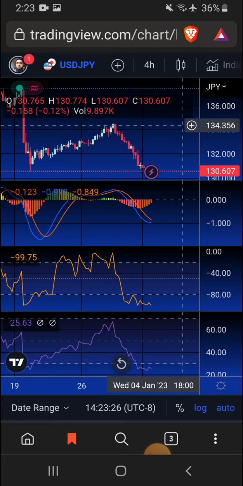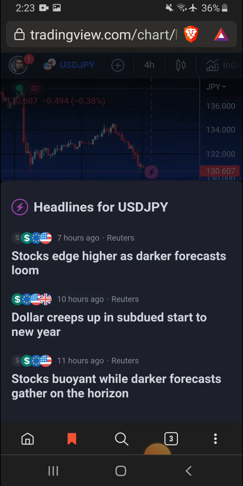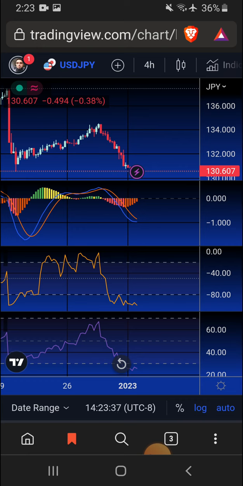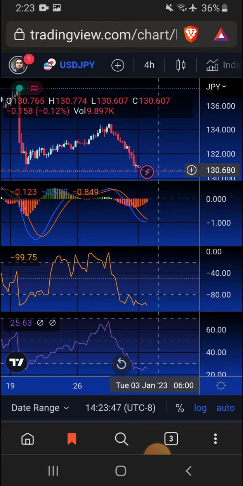And now we have these stupid lightning bolts showing the news on the headlines. I might have to turn that off, but you can see that the price actually moved down from 1.31 down to the 1.30s.